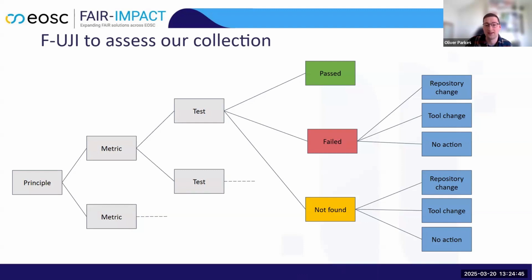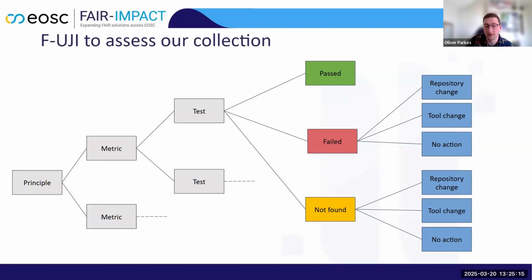And then this would lead to a discussion where either we need to make a change as a repository to improve on the way we manage our digital objects. Maybe we felt that we should have passed and perhaps there's a bug in the system, in which case we might need to request the change to the tool, or no action, where we simply accept the fail and either do not see making the change as a priority or don't currently have the resource to make it.